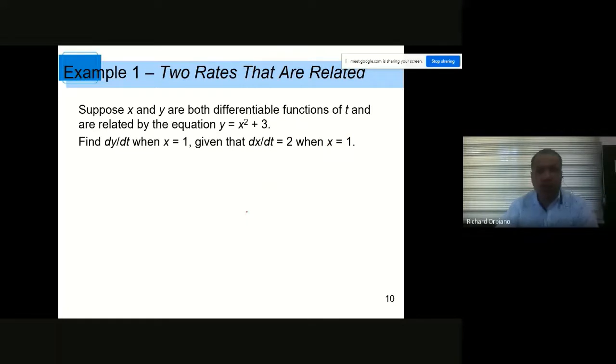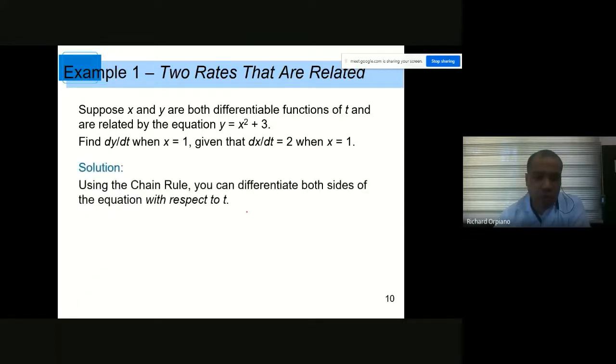Mamaya. Okay, in example number 1, two rates that are related. Suppose x and y are both differentiable functions of t and are related by the equation y is equals to x squared plus 3. Find dy dt when x is equals to 1, given that dx dt is equals to 2 when x is equals to 1. Okay. So, using chain rule, kukunin natin yung derivative nila.